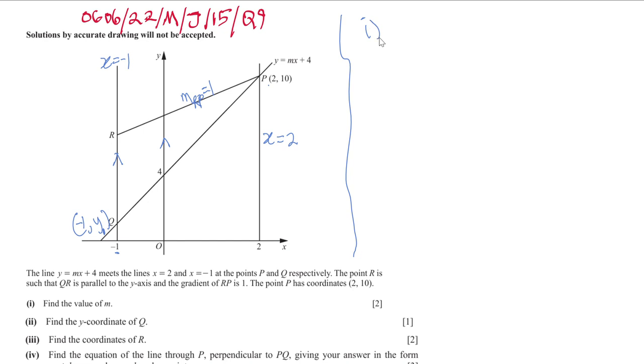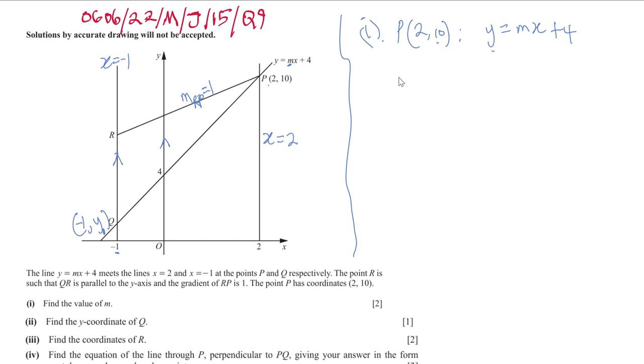Finding the value of m, the m over here in the equation of the line QP. We see that the point P, 2, 10, lies on the line y equals mx plus 4. So we can substitute the point P into this equation to solve.